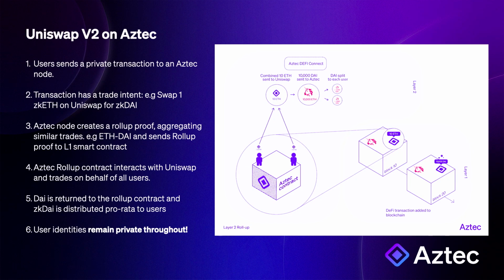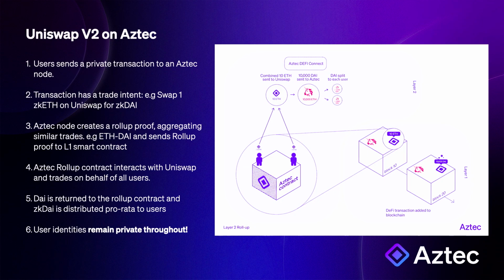Okay, cool. So for Uniswap, the way this flow works, imagine I've got some shielded ETH on Aztec, and I decide I want to swap it on Uniswap. I send a private transaction using the Aztec SDK to an Aztec node. The input to that transaction is an amount of my shielded ETH, and I'm expecting back some ZK DAI.